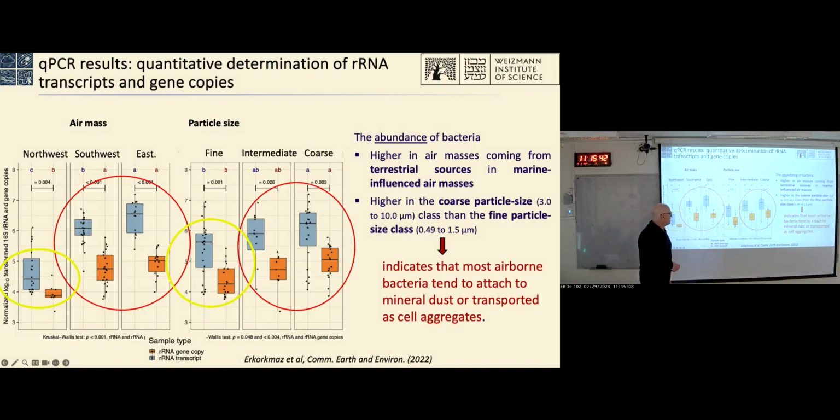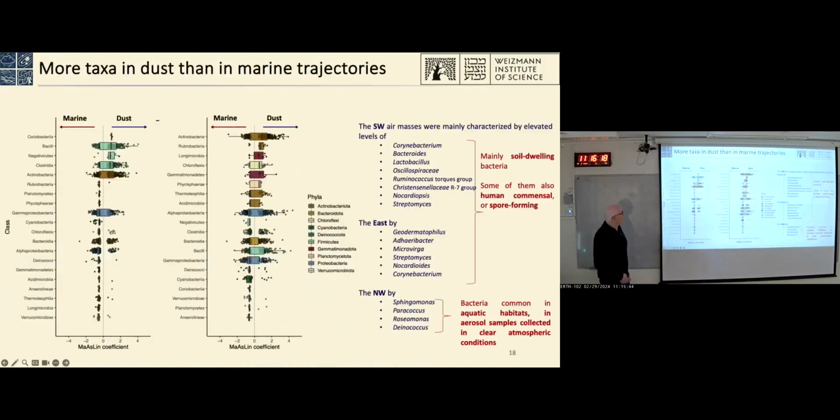So that indicates to us that the bacteria are not transported by themselves in the fine and small fractions, but rather they are either attached to the dust particles or are being transported as agglomerates in some soil material, because a lot of these bacteria form what we call a crust, and so when you move it to the atmosphere, they are being transported as agglomerates, so mostly in the large size fractions.